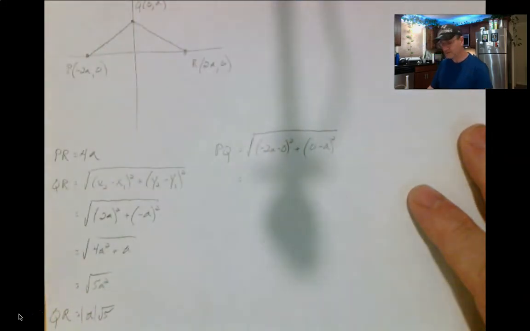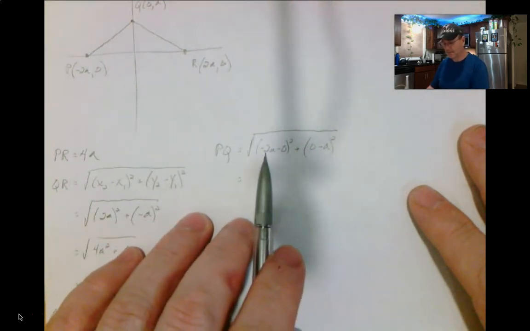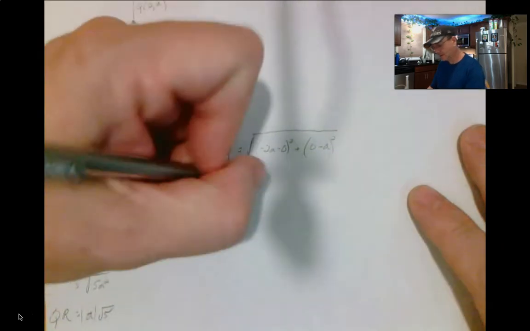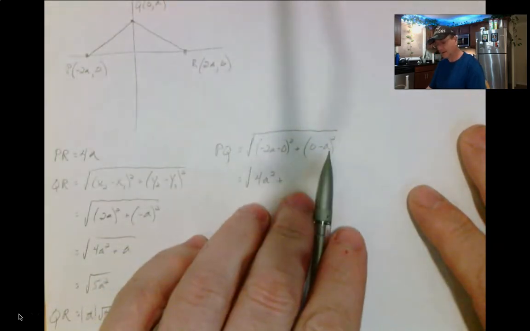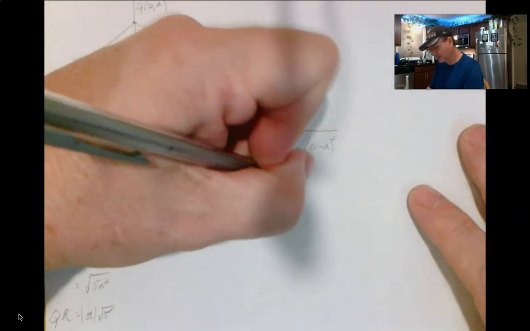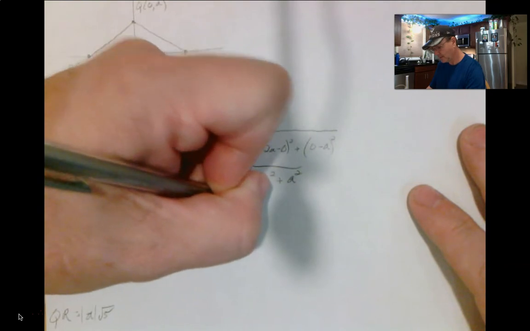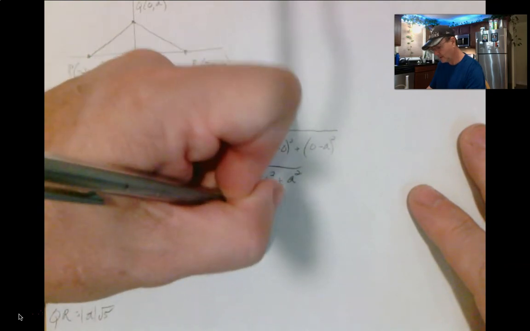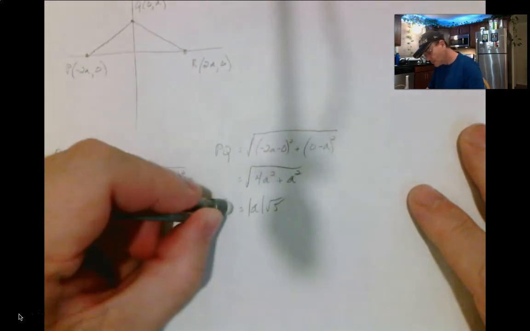And I think you should see that it's going to be exactly the same. So we've got negative 2a squared is going to be 4a squared plus negative a squared is a squared. And again, we end up with absolute value of a square root of 5, PQ, not RQ.